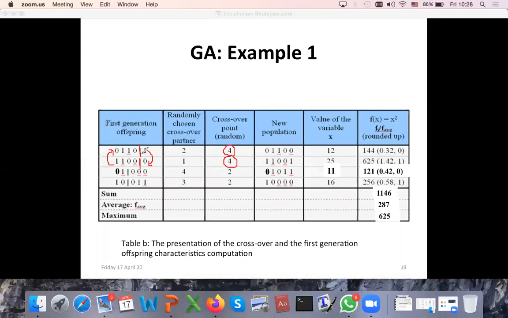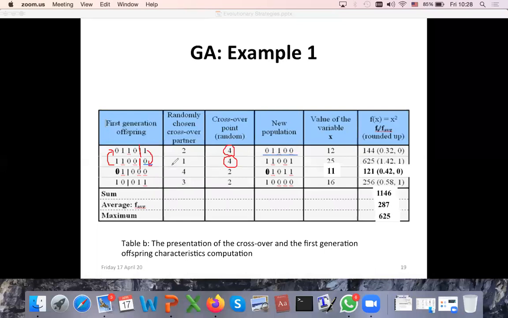After applying the crossover point, we know that we have to replace the tails of these two members with each other. So the tail of the second member, I can change the color so that you can see. The tail of this one is 0. We have to shift this tail of the second member into the first one, and then we will get 0, 1, 1, 0 and 0, which you are getting here.